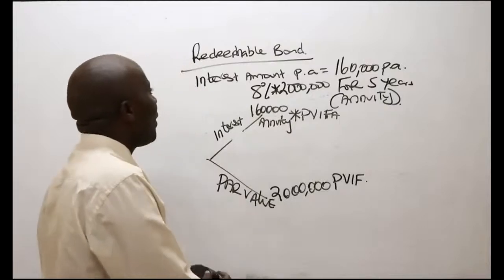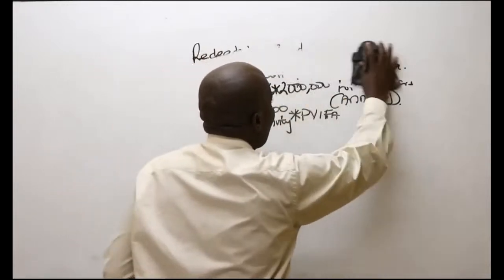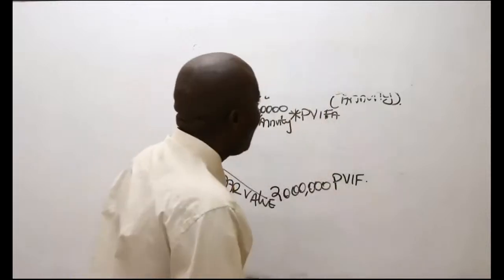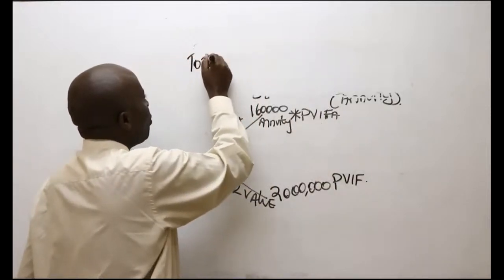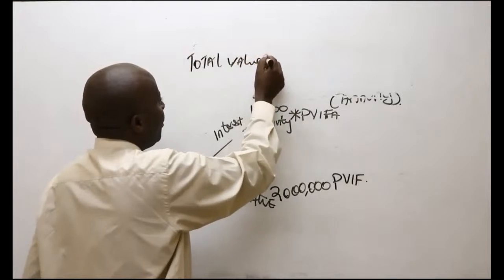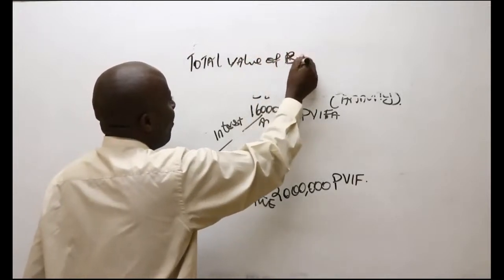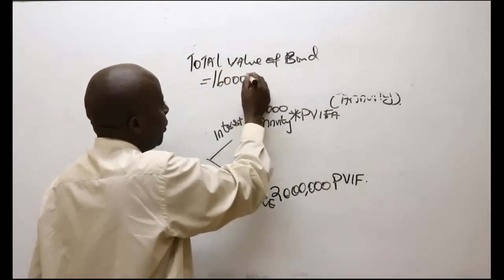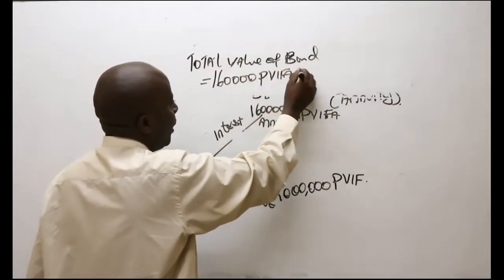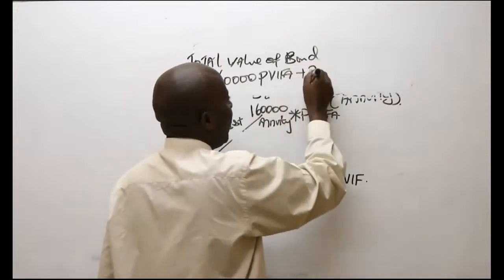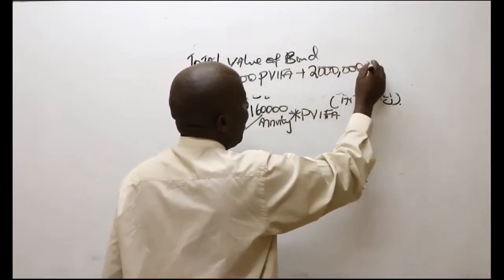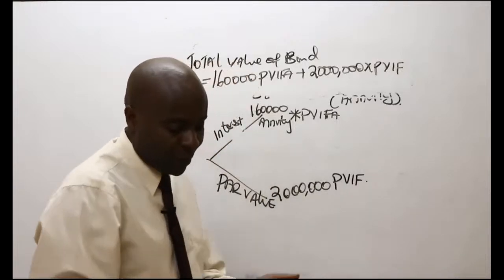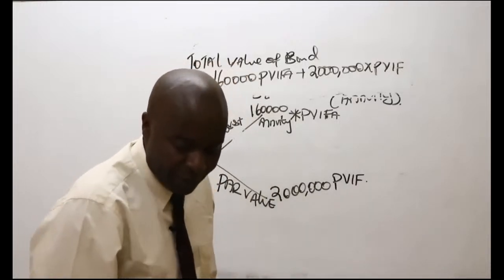The total value of this redeemable bond will be equal to 160,000 multiplied by the PV factor, plus 2 million multiplied by the PV.